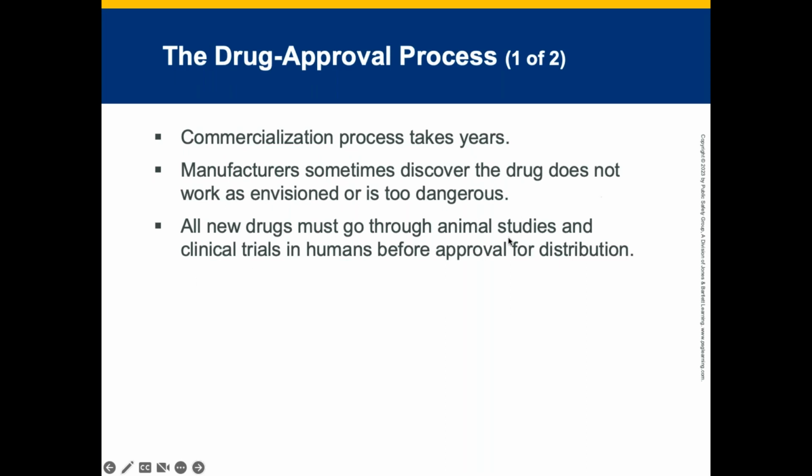So the drug approval process for any new drug, the commercialization process, takes years. Keep in mind, I say it takes years. The average time for a drug to be developed, tested, and approved is about 9 years.